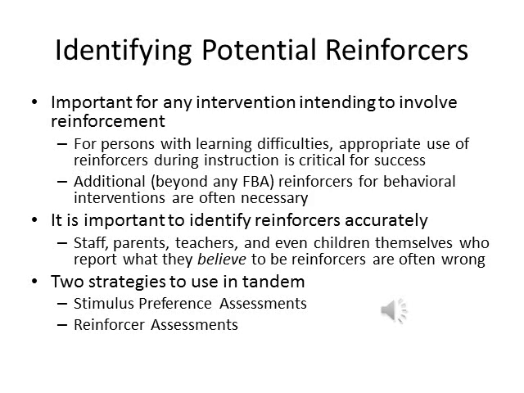So, how do we identify reinforcers accurately? Well, the most typical and common way, as we'll see, is that staff, parents, teachers, or even children themselves, for example, are often asked to report what they believe would be a reinforcer for themselves or for others. This sort of idea of reporting these things has not proven, unfortunately, to be very accurate.